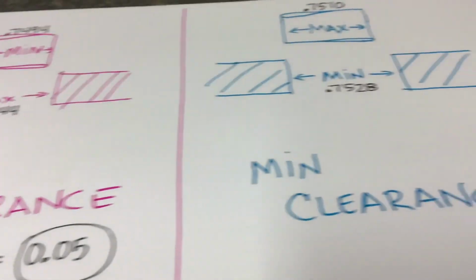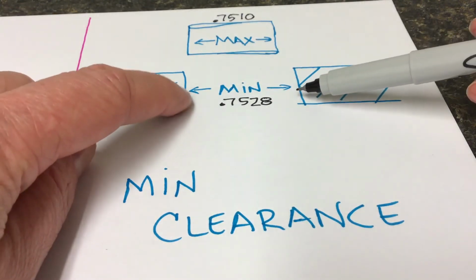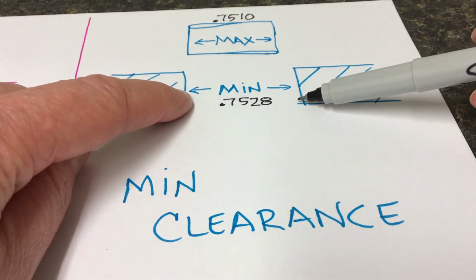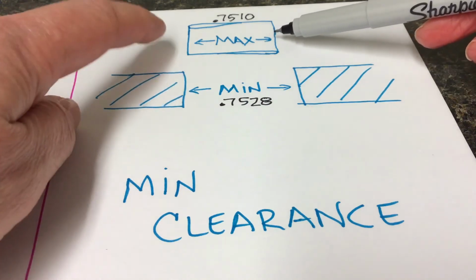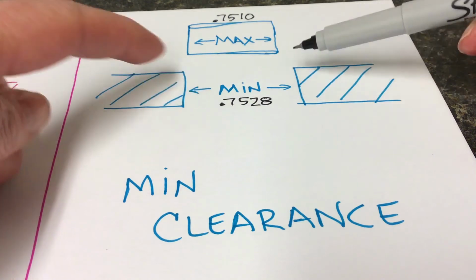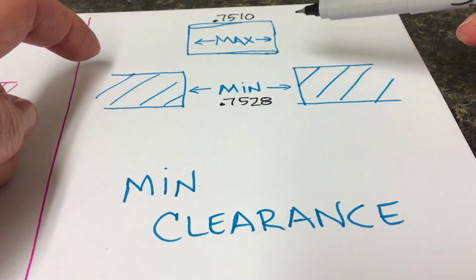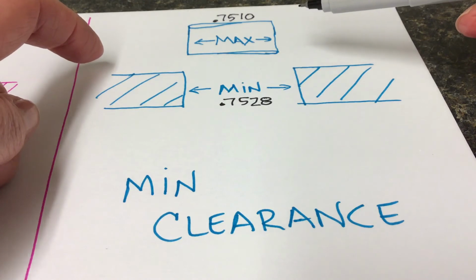The minimum amount of clearance, and I actually want you to think about this, happens when the hole is as small as it can be, but the shaft going into it is at its maximum and it's the largest. Do you see how that would create not as much wiggle room? That's why this would be the minimum clearance.